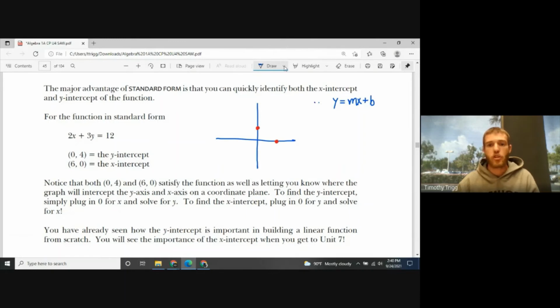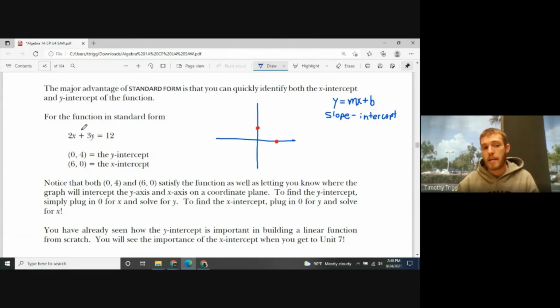This is called the slope intercept form, okay? This is known as the slope, and this is the form we've been using this whole time, slope intercept form. Now, why is it called the slope intercept form? Well, hopefully you can see it has the slope right there, and it has the y-intercept. So that's why it's called the slope intercept form.